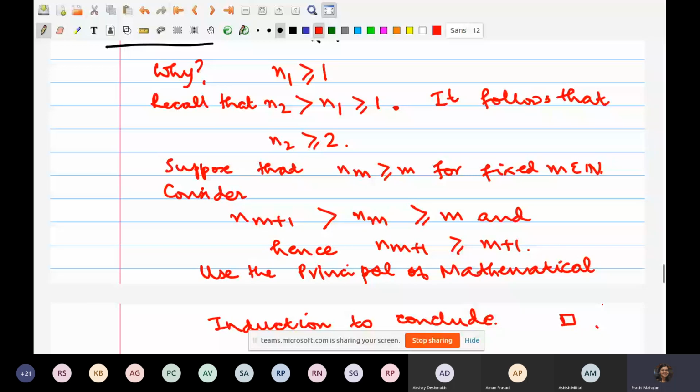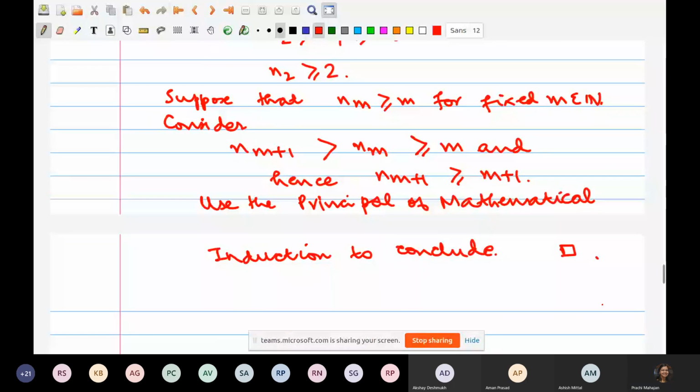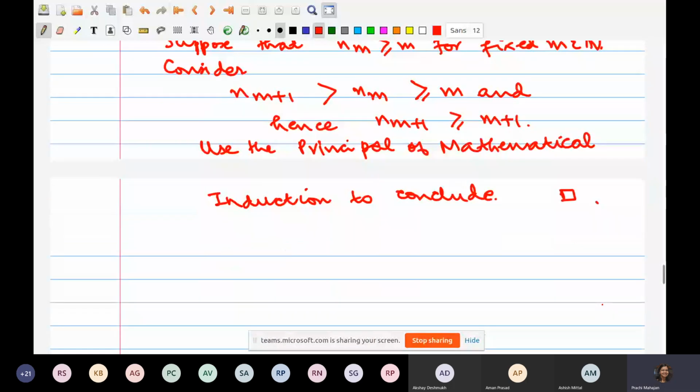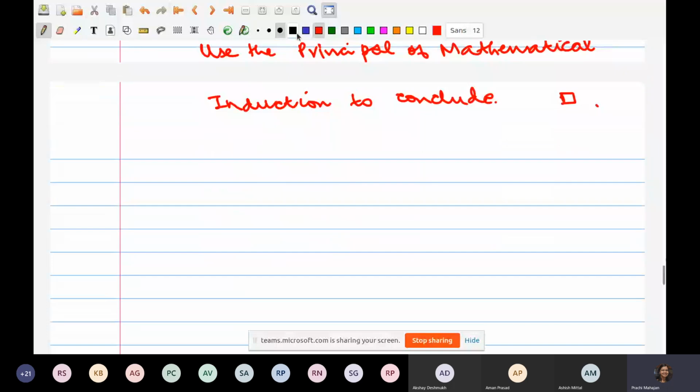So if this bit is okay, then let's move on to the next thing. The next is I want to talk about this proposition. Let's run through a couple of statements and then perhaps we will be able to see some examples. This is the proposition.